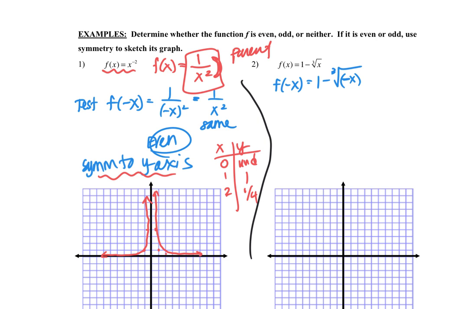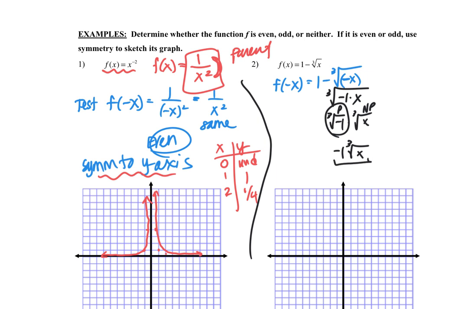Would you agree with me that negative x is the same as negative 1 times x? Then if I took that cube root, I could break those up into a perfect cube root and a non-perfect cube root. So the cube root of negative 1 is actually negative 1.